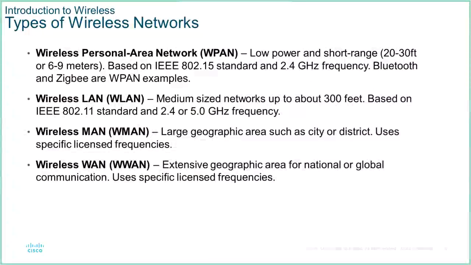Now, with the introduction of Bluetooth many years ago, came wireless headsets and microphones and all that sort of lovely stuff that we take for granted today. But the new kid on the block is the Zigbee network. Now, this is based around the Internet of Things.